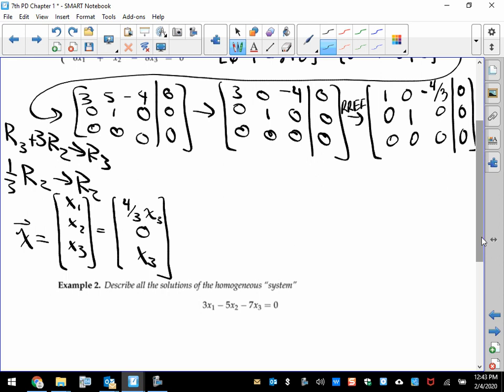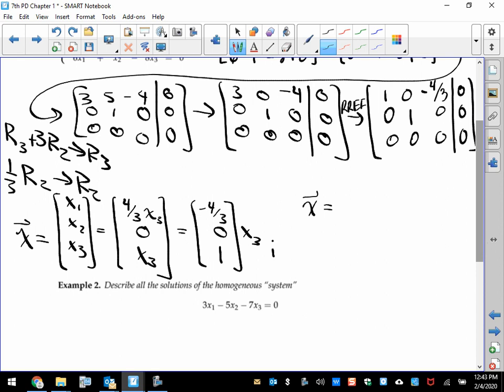Okay, so now we can pull out the x3. We're going to get 4 over 3, 0, and 1 if we pull out x3. And so now let's write the solution as a vector. Well, we've already written the solution in vector form there, but we could say that vector is u or something like that, or I could let x3 be 3.